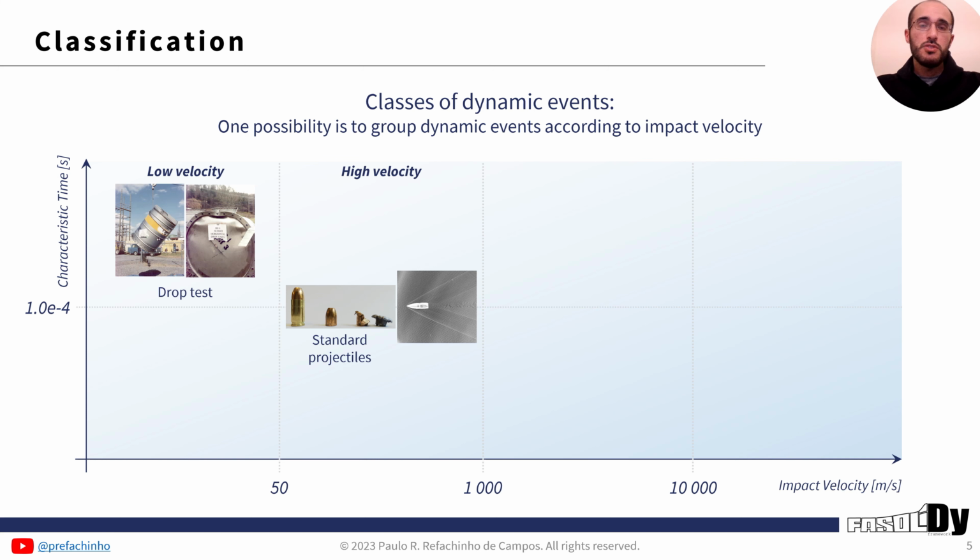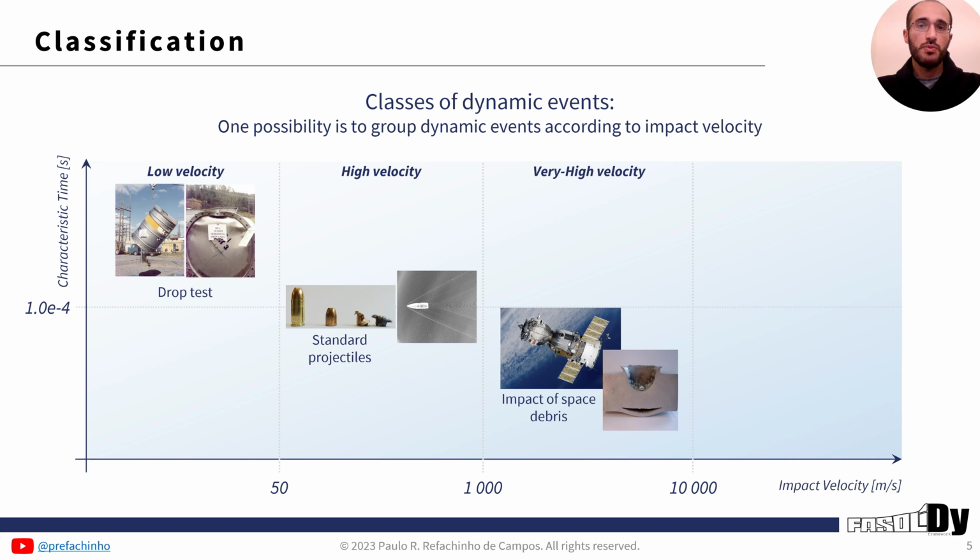Then if we move on to the next stage, so now we're talking about an impact velocity between 1000 and 10,000 meters per second. So we would call this a very high velocity impact. So here we are already talking about things happening in space, for example.